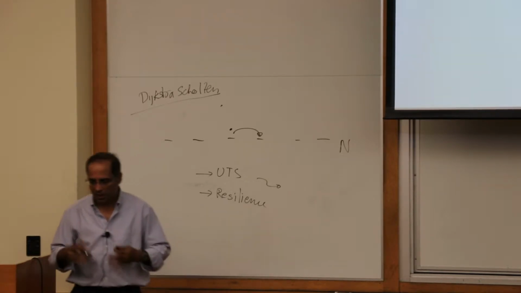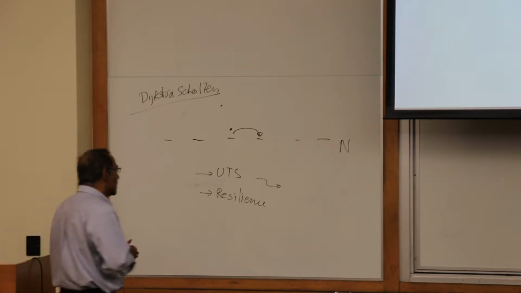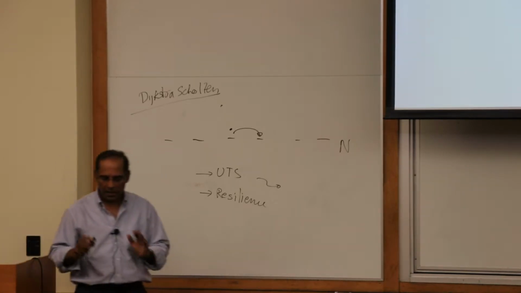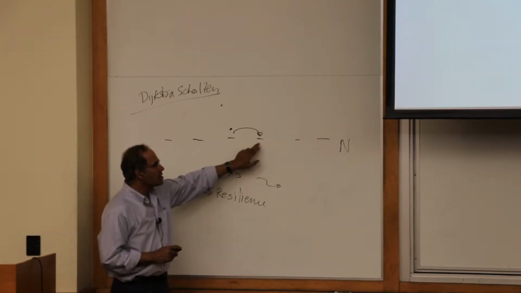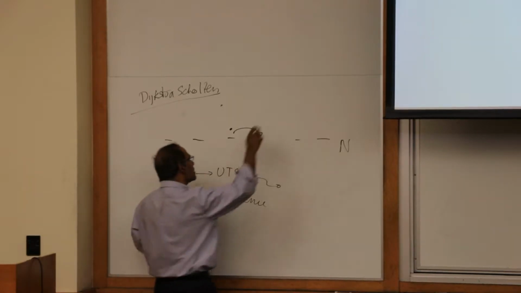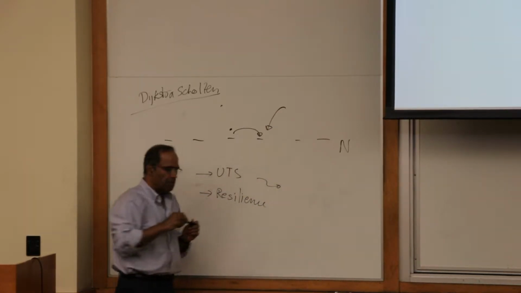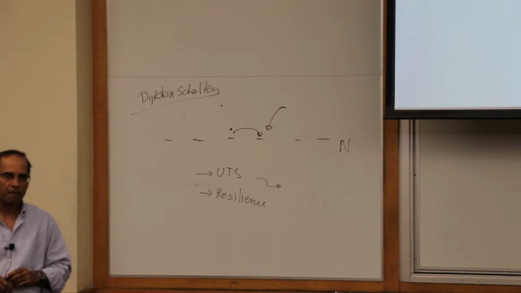So how do you do it? They had this very beautiful scheme, and they argued very nicely, establishing nice invariants for why it works. And the scheme is actually very simple. The basic idea behind the scheme is that every message that is sent will get acknowledged.